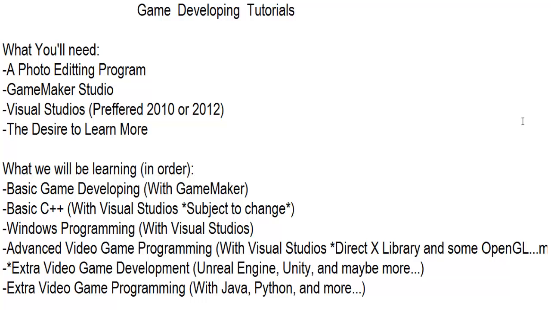But for Game Maker Studio, that's where you'll be learning basic game development, and that way, when we start getting into the basic C++ programming, you have a pretty good understanding of game development itself, so that I don't have to actually go over it in the C++ teachings. You're going to need Visual Studio. I would prefer you to get 2010 or 2012. 2012 has a better UI. I love the UI in 2012.